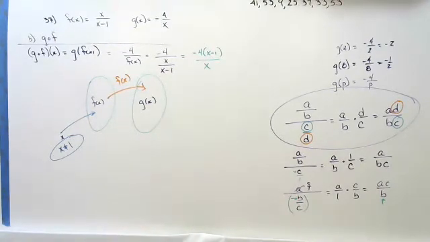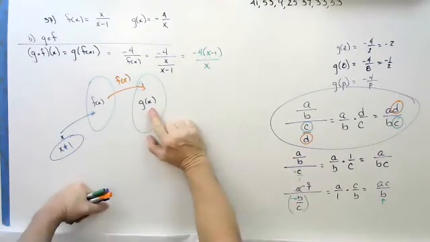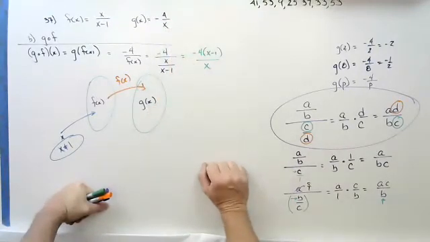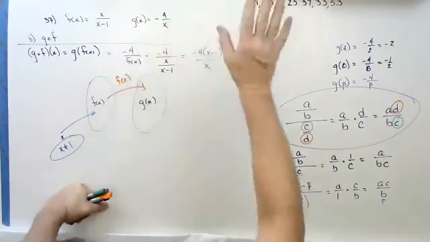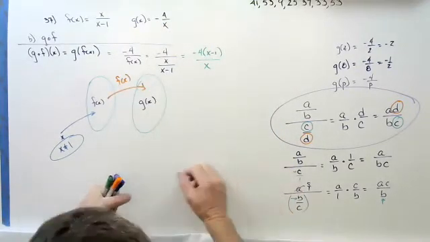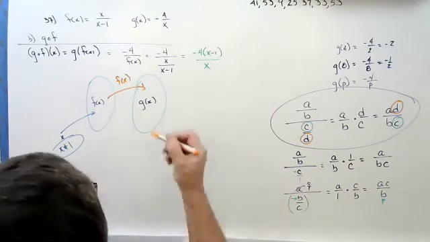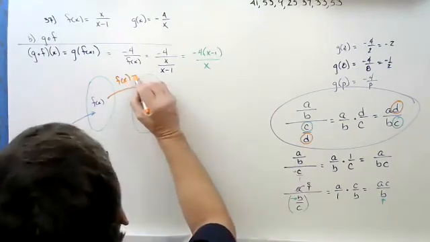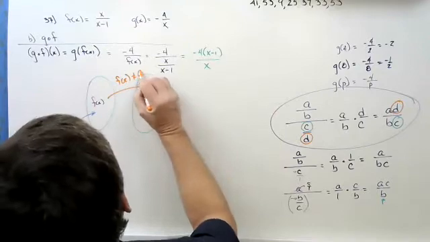Now we go over here and we ask ourselves, does G have any issues? And we look up here and we're like, oh yeah, G cannot handle 1. No, sorry, 0. You plug in a 0, bad things happen. So we say, okay, this is what we're plugging in. That can't be 0.